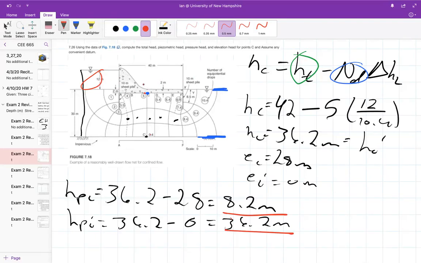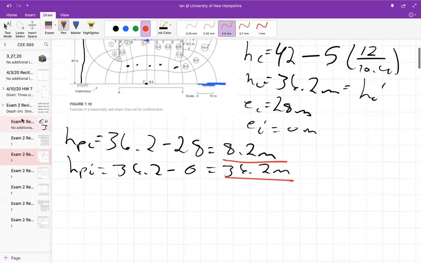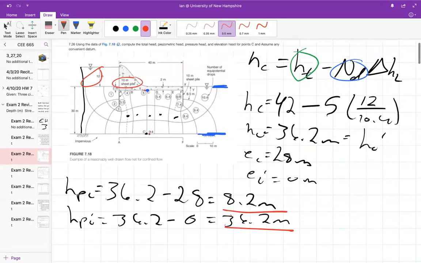And then the 10.4, because the sheet pile wall is 10 meters, and then the 0.4, I believe. Take the bottom there. Yeah. Okay. And this also. Oh, okay.